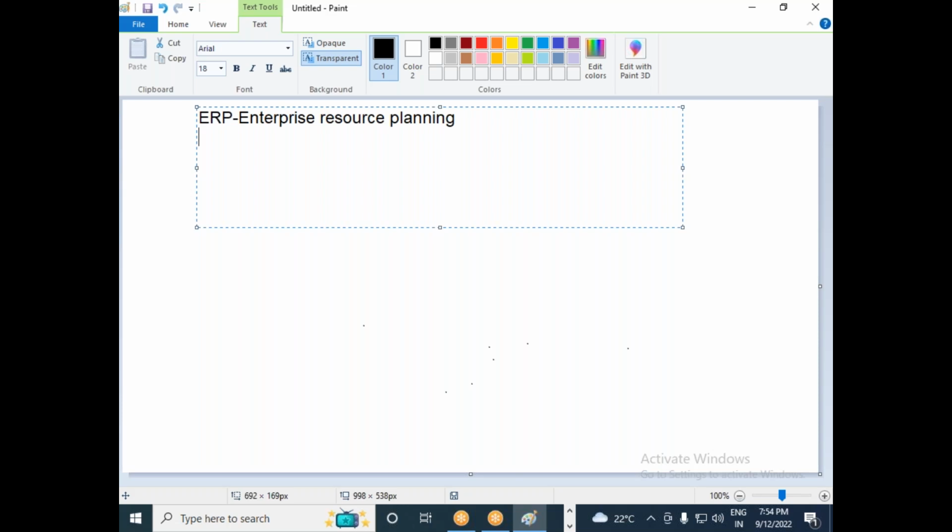So when I say enterprise resource planning, it takes three parameters into consideration. Parameter number one is manpower. An organization is nothing but a mix of various types of people. There will be employees, and there will be management people. There will be hundreds of people.